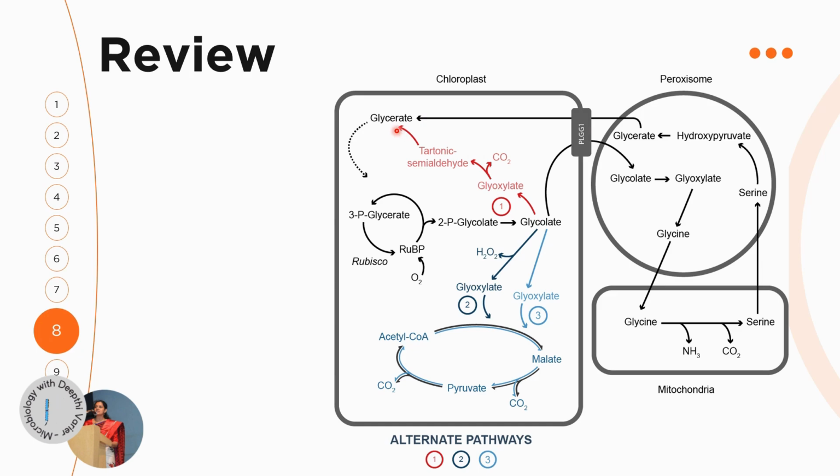This would be the glycerate pathway. Or it can get into the second pathway, what is shown over here, the DCA cycle or the dicarboxylic acid cycle. Or glyoxylate could also combine to give us oxaloacetate, which has not been shown here, but that would be the third pathway. So these are the 3 pathways for glyoxylate catabolism or metabolism.